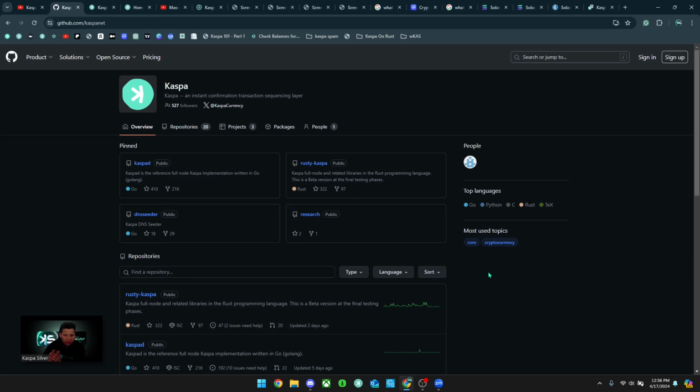Kaspa is going to be transitioning to a brand new codebase running on Rust. This does not require a hard fork because Rust is backwards compatible with Golang. These two can communicate with each other, and it doesn't matter if someone is running a Rust node or a Golang node right now.